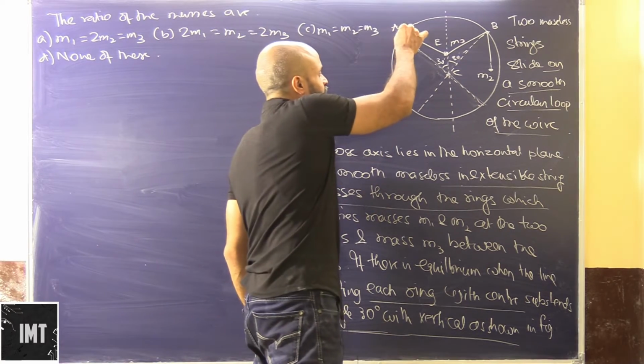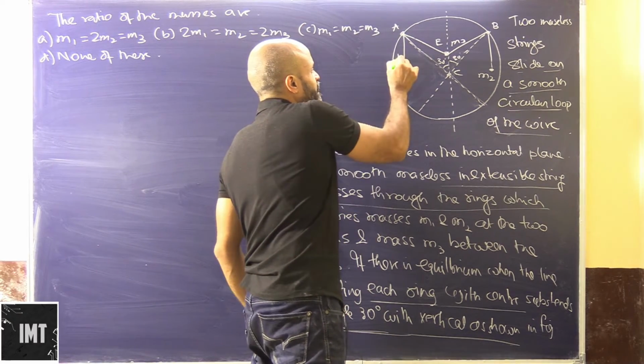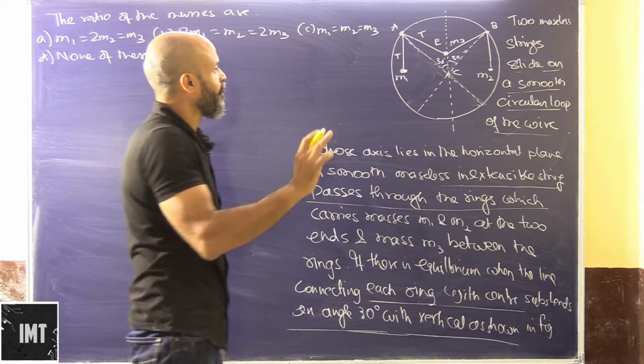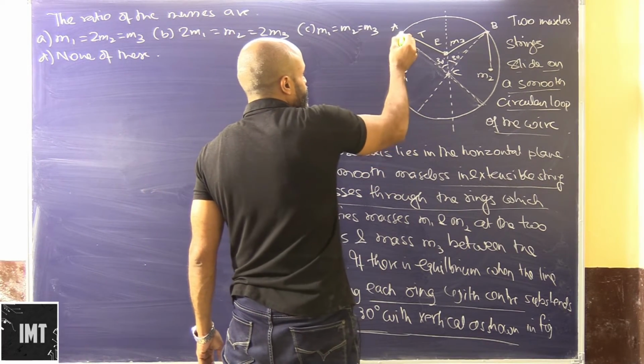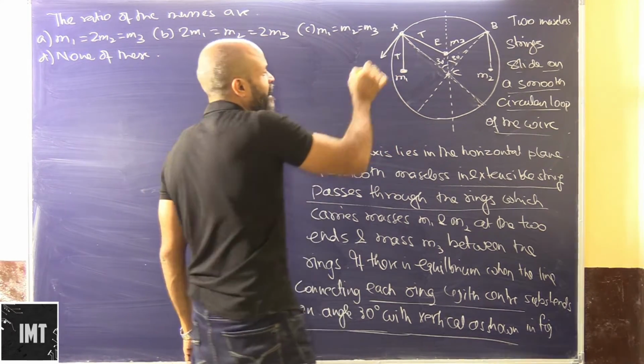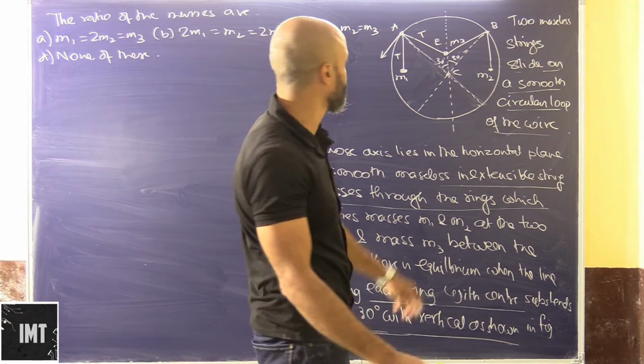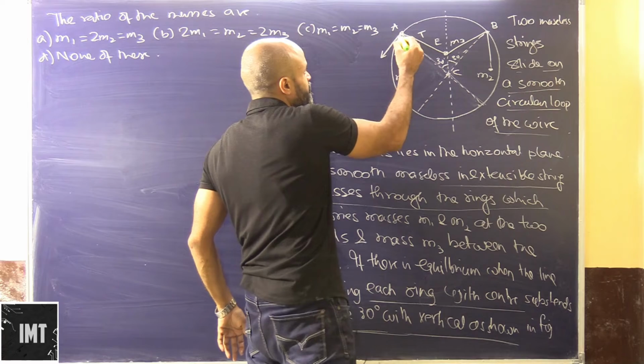See, this ring is being acted upon by this tension, and this ring is also being acted upon by this tension. Okay, for this ring not to slide, see, this ring will slide if there is a component of velocity along this direction or acceleration in this direction. So this is what, see, this is 90 degrees.